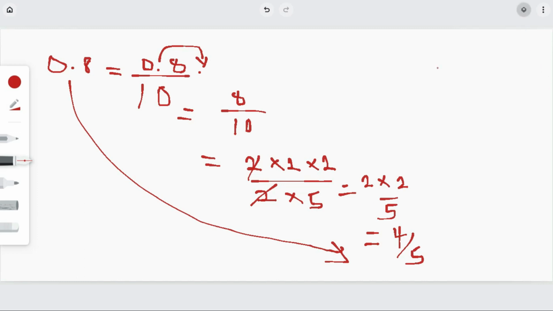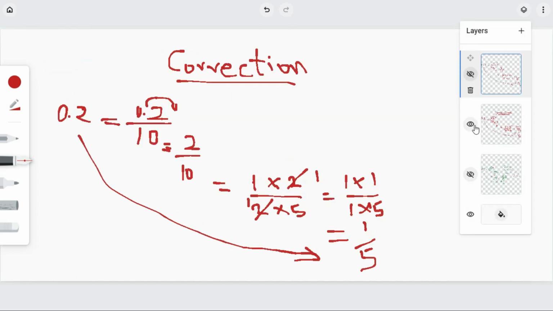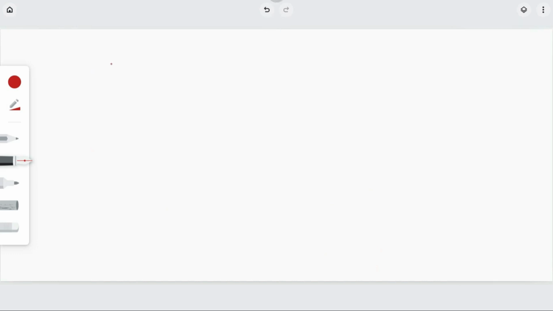So the third question here is 0.5. You want to change 0.5 to a fraction. The first thing is that you draw the fraction bar as usual. You write 1 here, 0.5, as usual.